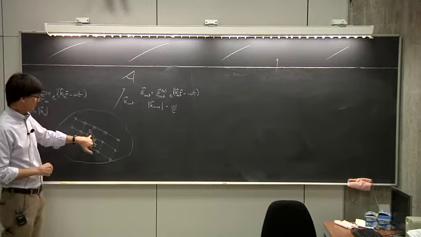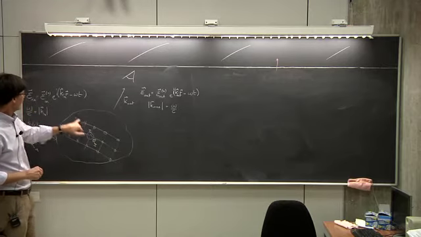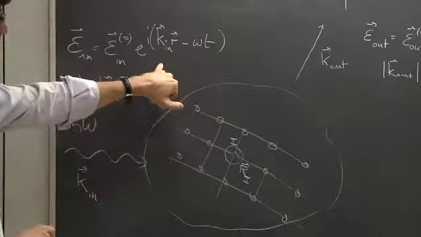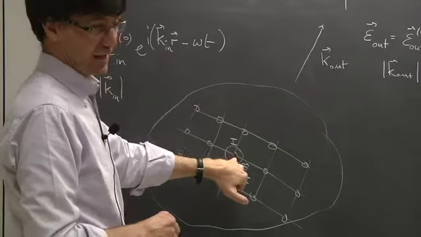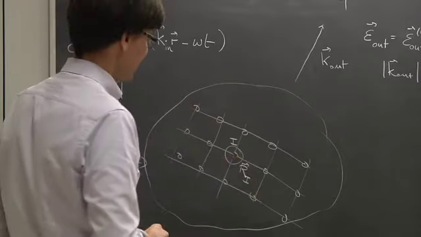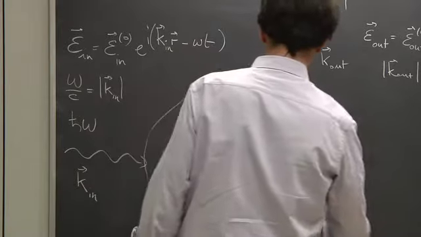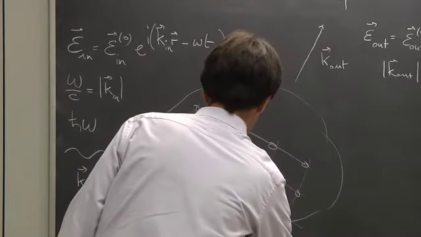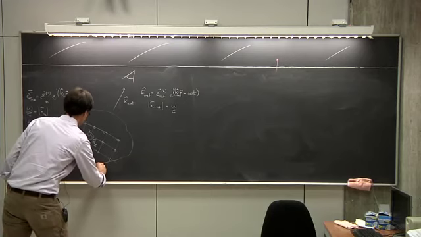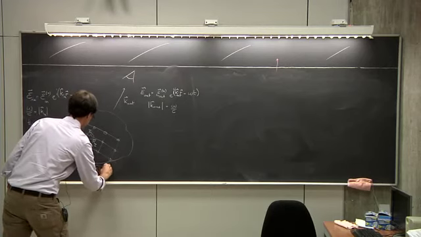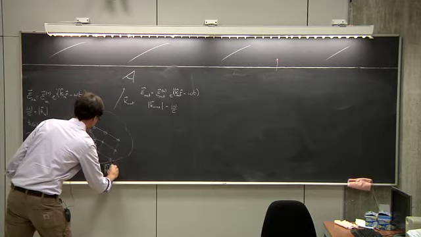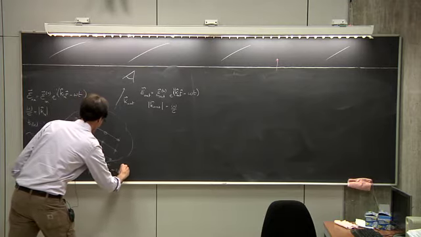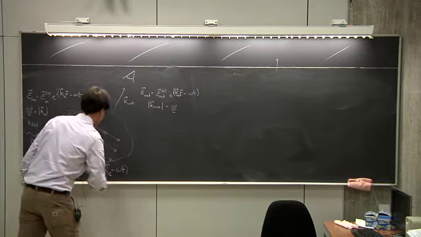So here, in this particular position, the value of the incoming electric field will be given by, I'll write it here, e to the i k in dot Ri minus omega t, obviously.